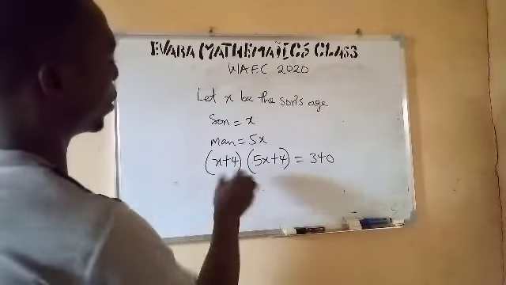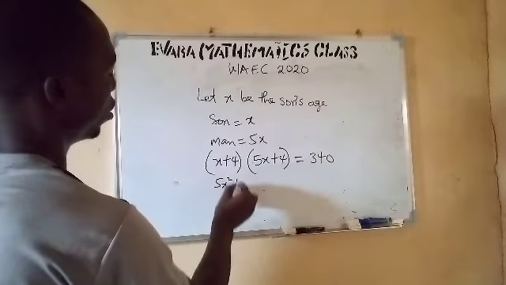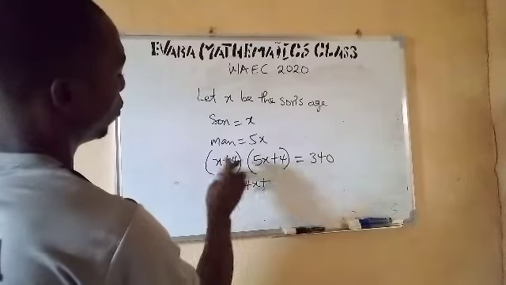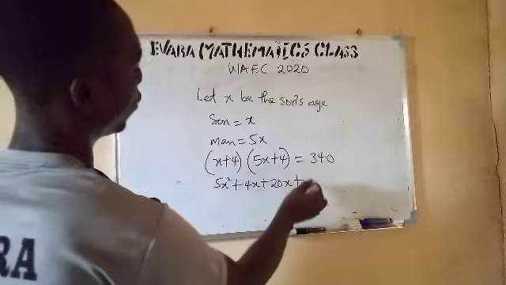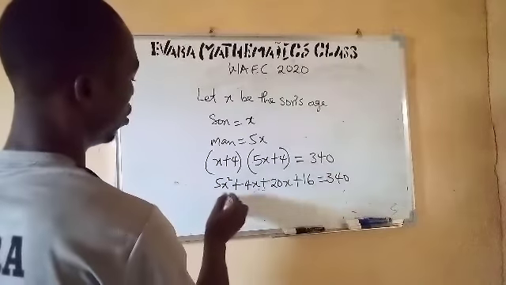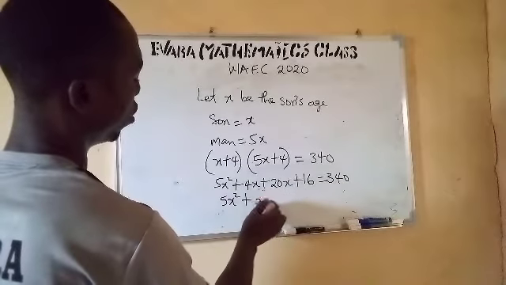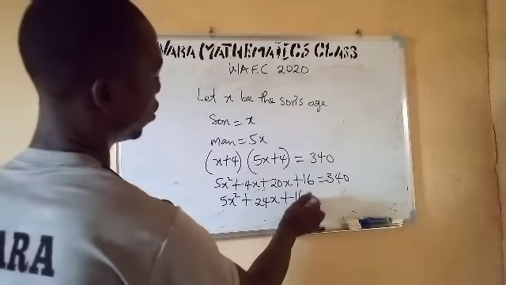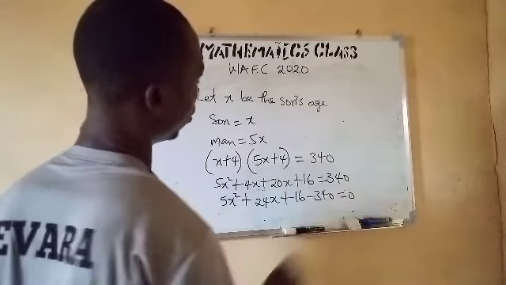So let's open this bracket. This is 5x squared. x times 4 is 4x. 4 times 5x is 20x. And 4 times 4 is 16, equals 340. 5x squared, 4x plus 20x is 24x, plus 16. We bring in 340, equals 0.